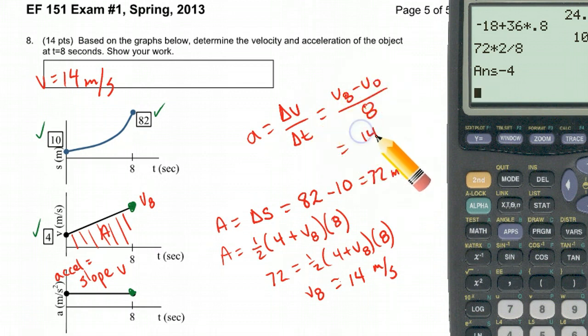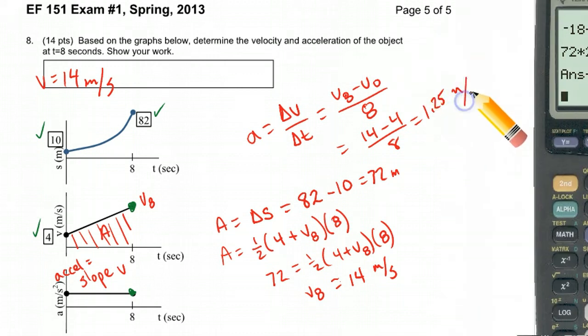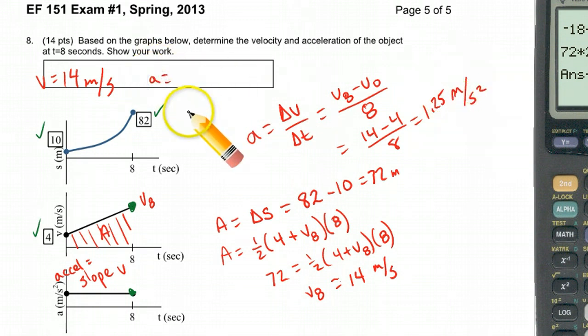So that's 14 minus 4 over 8. It's 10 over 8, or 1.25. That's going to be units of meters per second per second. So we're done. So acceleration is 1.25 meters per second squared.